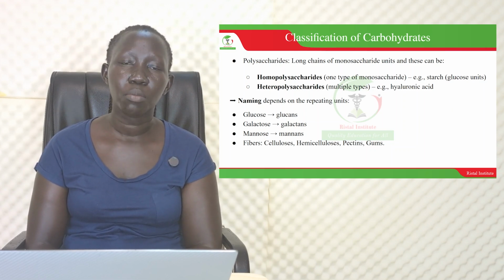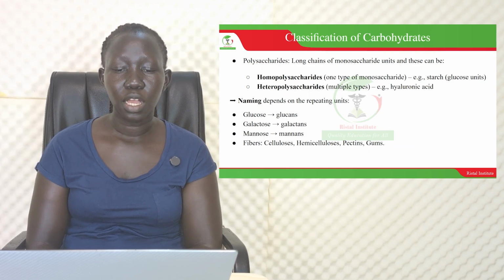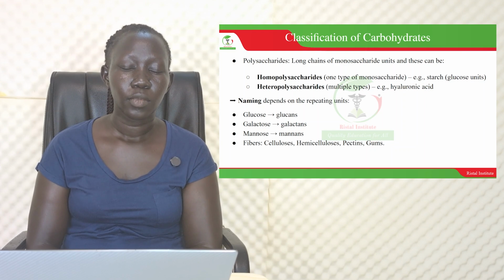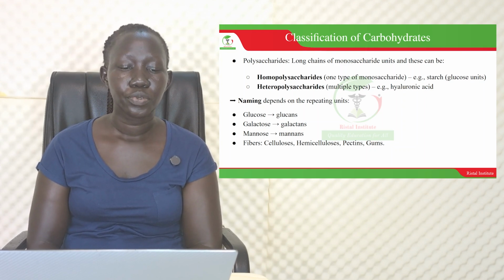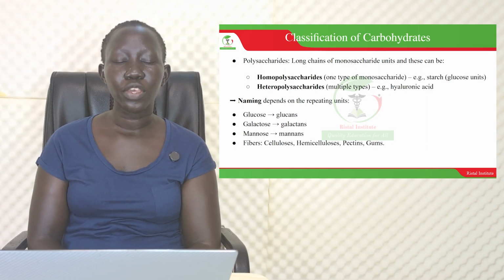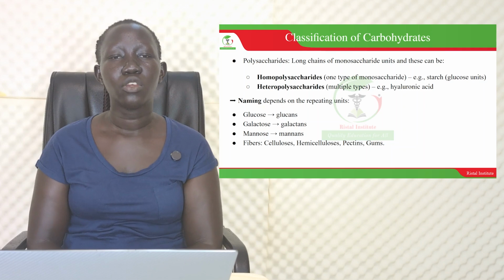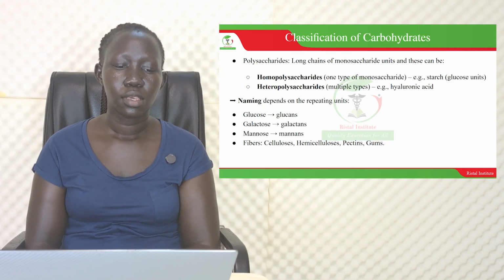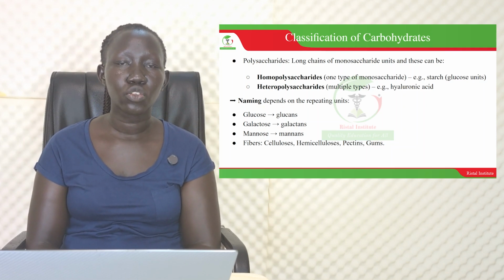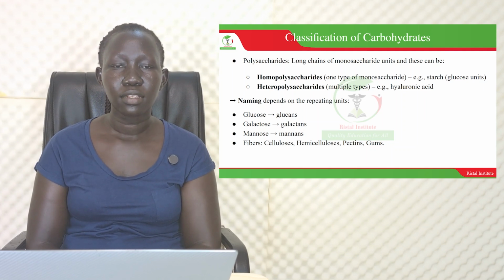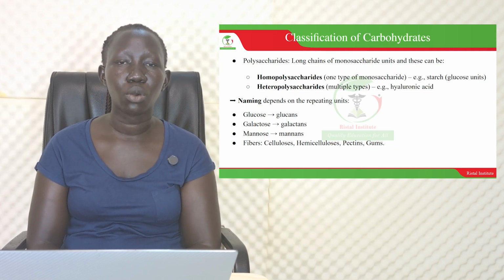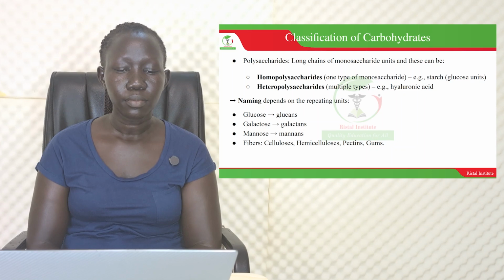Then we have the heteropolysaccharides that have multiple types of monosaccharides, for example, hyaluronic acid. The naming of these polysaccharides depends on the repeating units. For example, if we are having repeating units of glucose, it will be called glucans. If it is repeating units of galactose, it will be called galactans, and repeating units of mannose are called mannans.